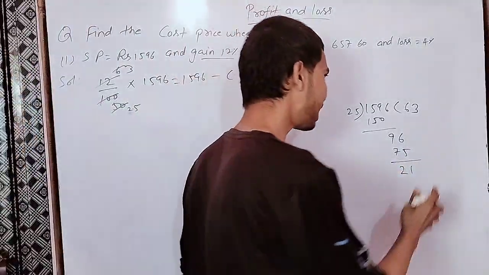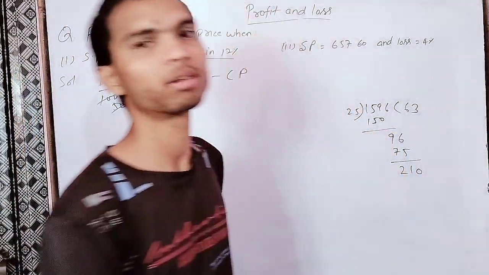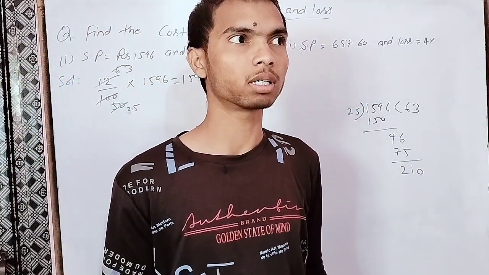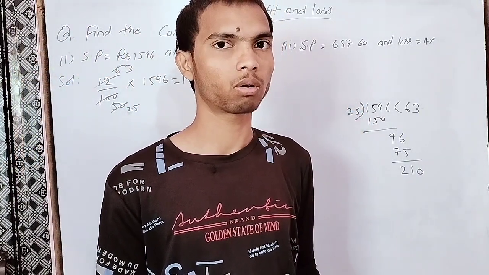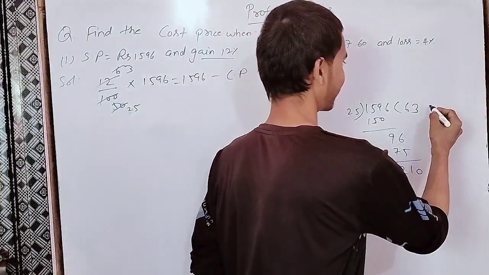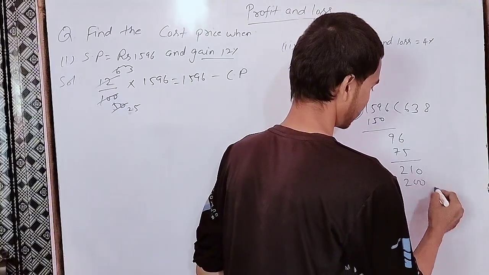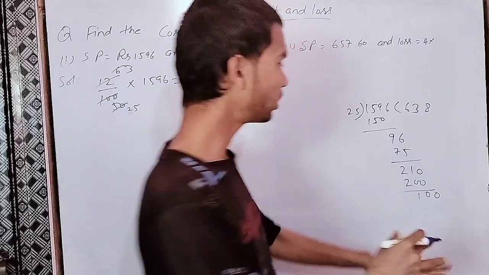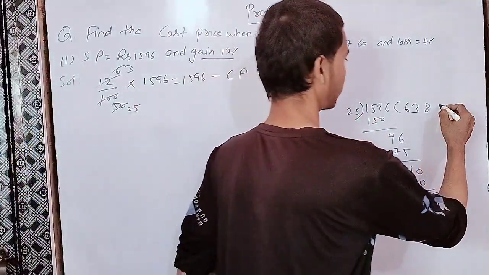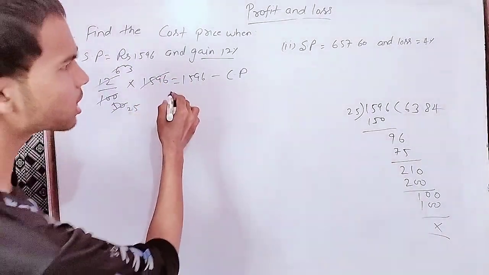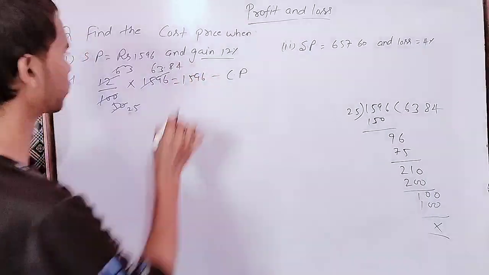Now we are able to apply it. 25 fours are 100. 25 eights are 200. How much? 25 fours are. Yeah, it is cancelling this number by 63.84.